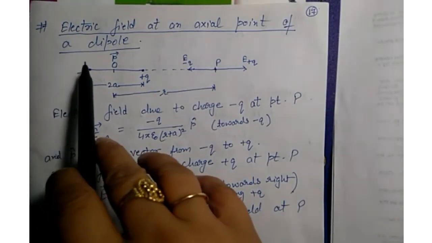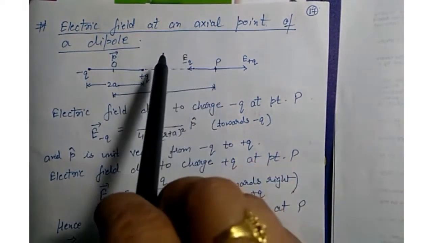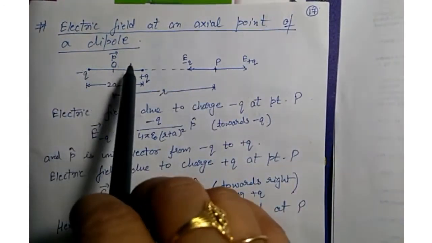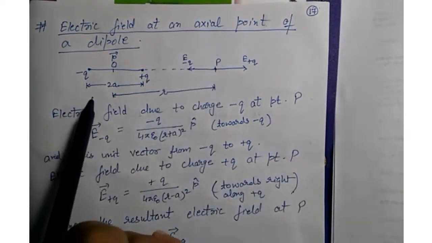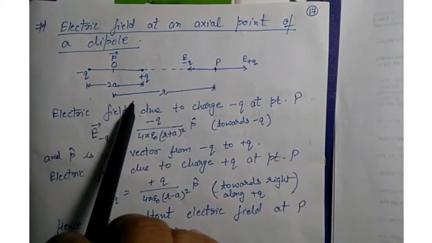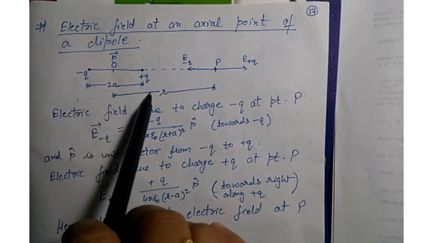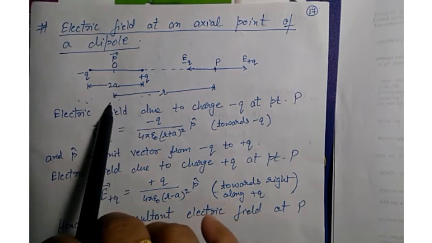Now, let us find out the electric field at an axial point of a dipole. Axial means along the axis. So students, we are having a dipole, that is charge minus q, charge plus q, separated by distance 2a.